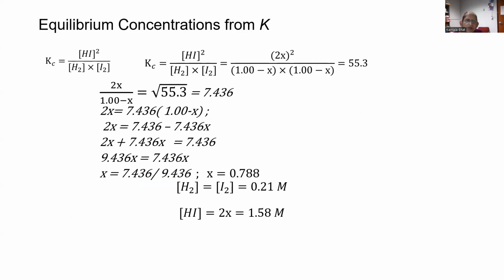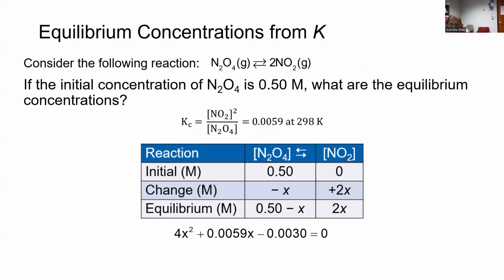Therefore, if you take the square root of this expression, we can solve for x as shown in the solution set. Once you get the value for x, then whatever the initial concentration is, you subtract x from that for hydrogen and iodine, and multiply x by 2 to get the concentration of HI.